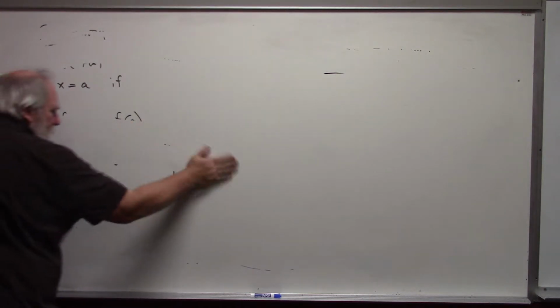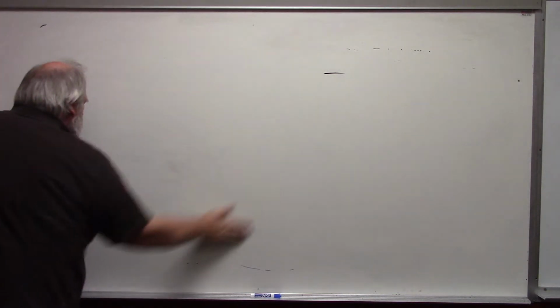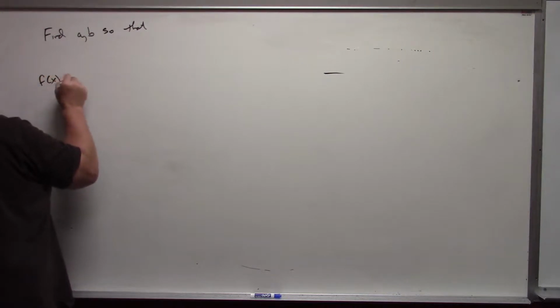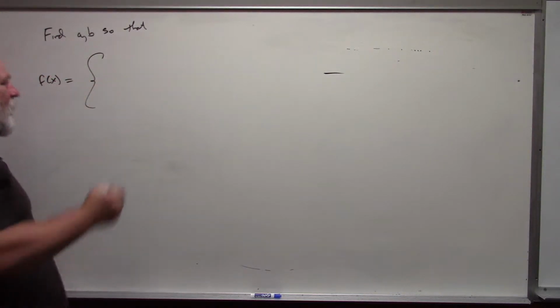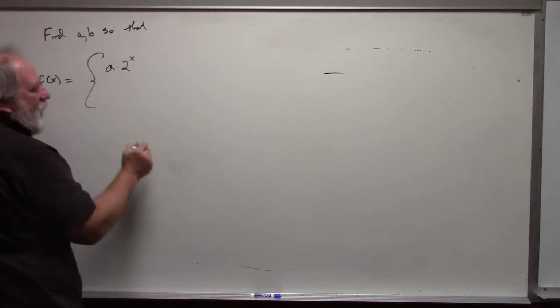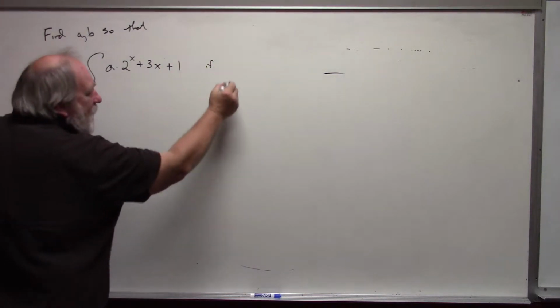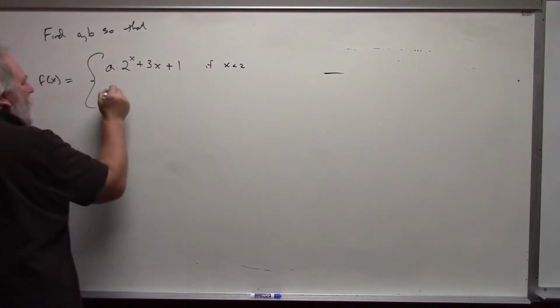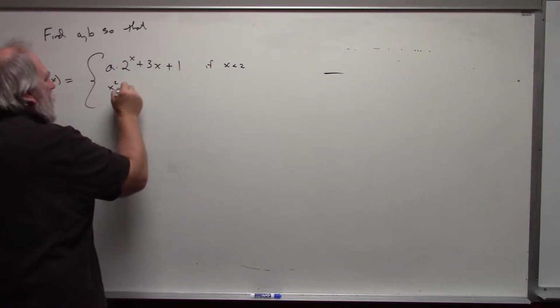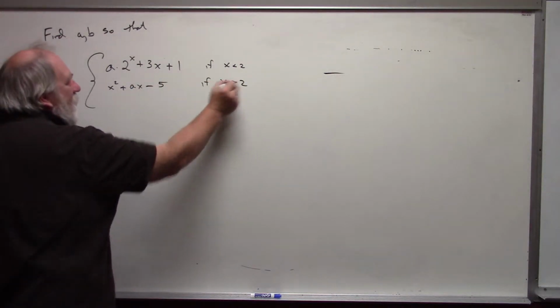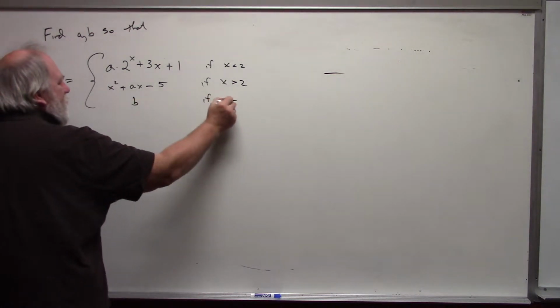So, first, I want to find little a and little b so that f of x equals the piecewise defined function: a times 2 to the x plus 3x plus 1 if x is less than 2, x squared plus ax minus 5 if x is greater than 2, and b if x equals 2.